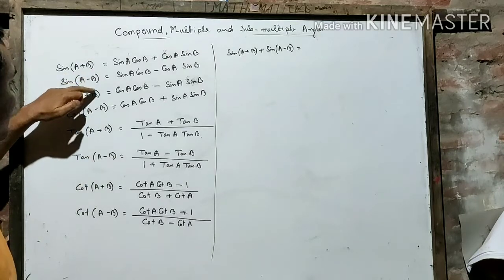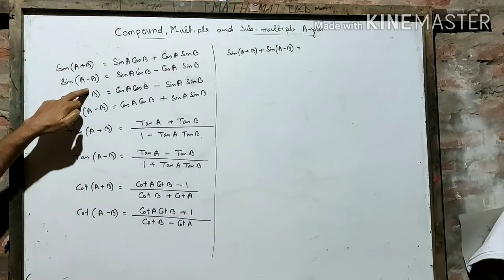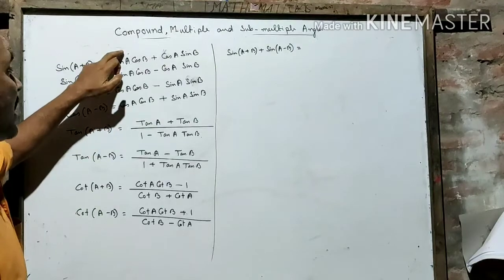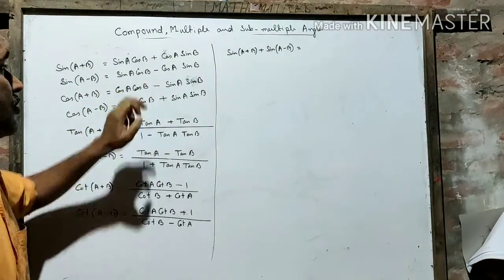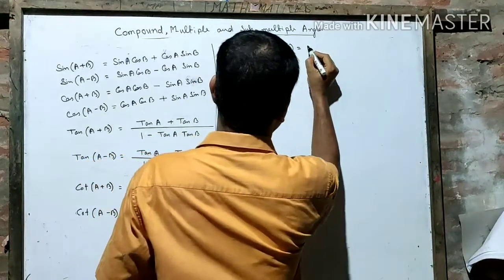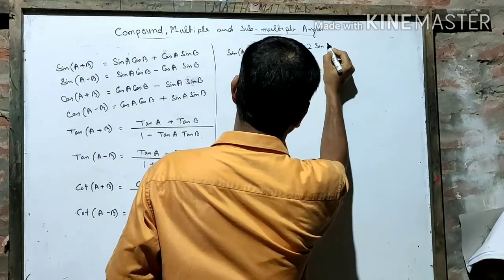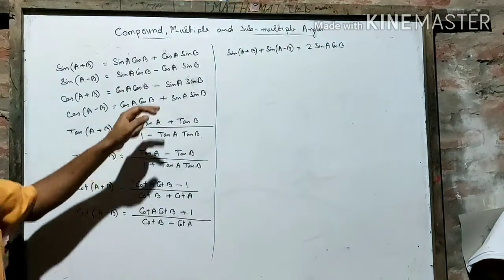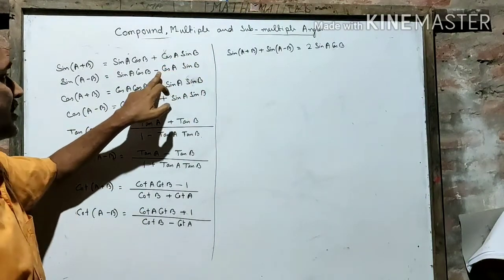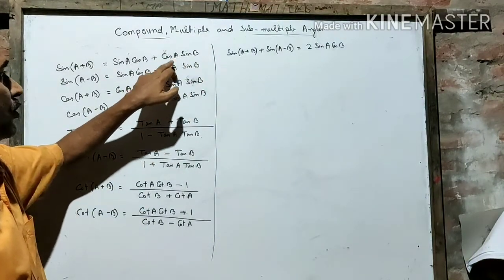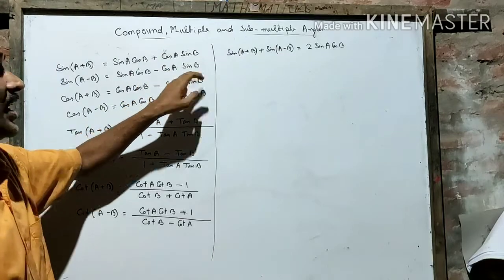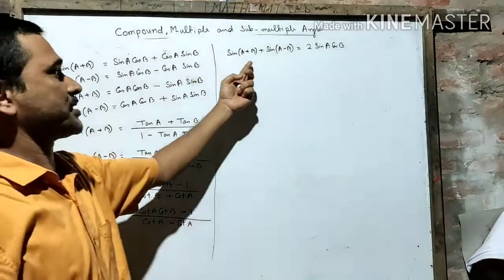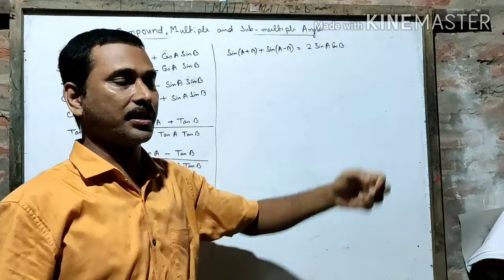If you add these two formulae, what will you get? sin A cos B plus sin A cos B, so it will be 2 sin A cos B. And cos A sin B minus cos A sin B cancel. So sin(A + B) + sin(A − B) is 2 sin A cos B.